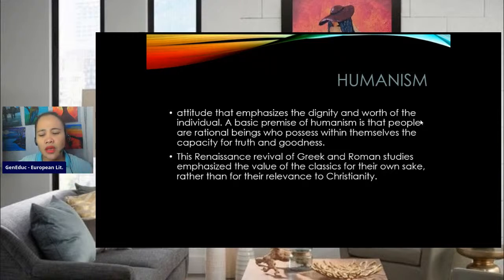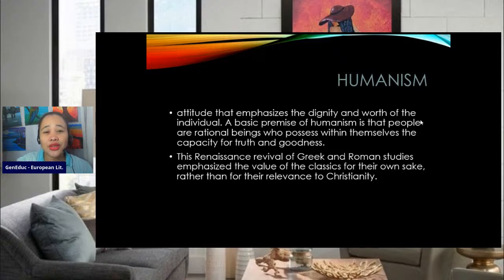If you happen to read one of their literary compositions, you can really say, wow, kindness overload, or humanism, or humanity is there. Because as you can see, they are into the struggle between good and evil, and they are more on good and they are fighting for it.